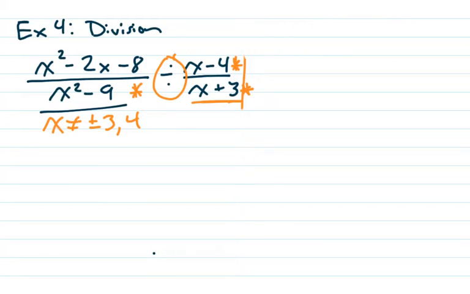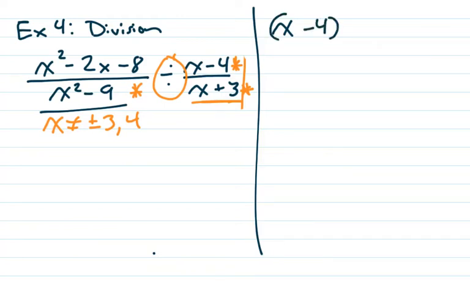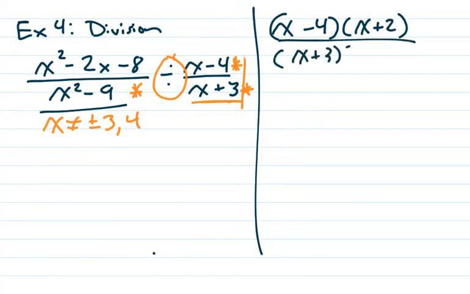I'm going to factor everything. The top left is going to be x minus 4 times x plus 2. The bottom here, as we said, was x plus 3, x minus 3. I'm going to change the sign and flip the fraction to be x plus 3 over x minus 4.